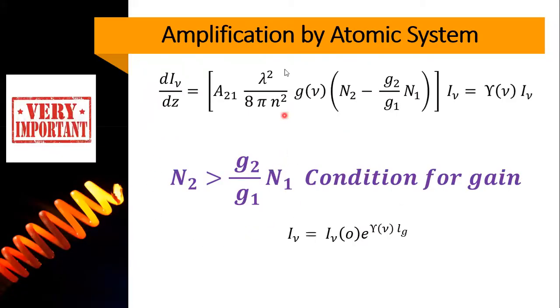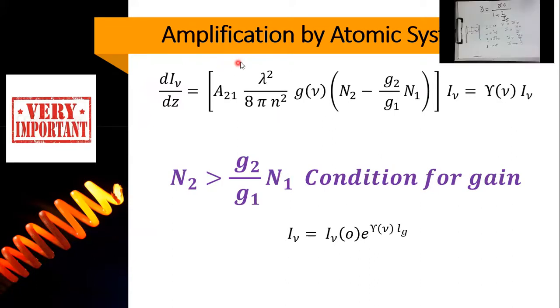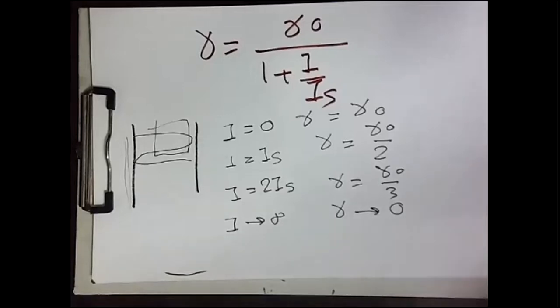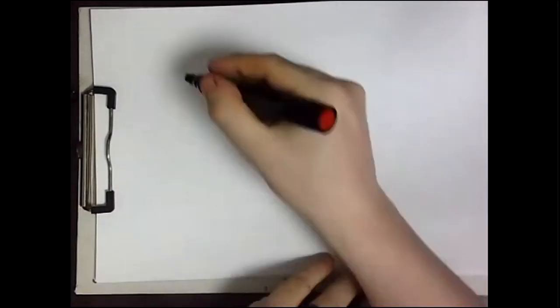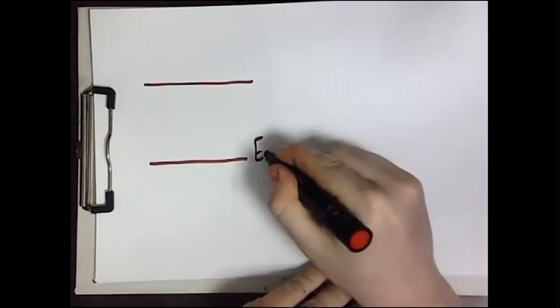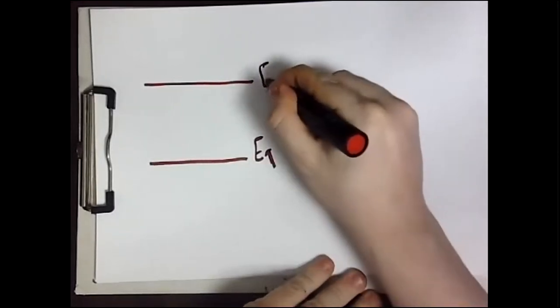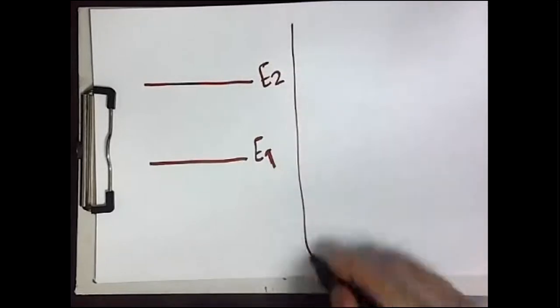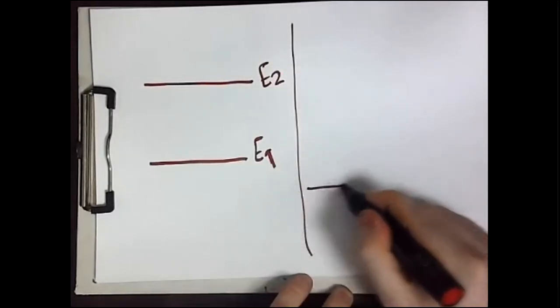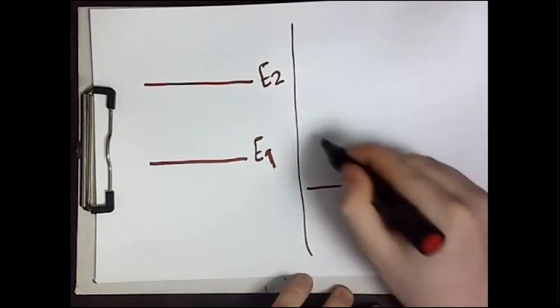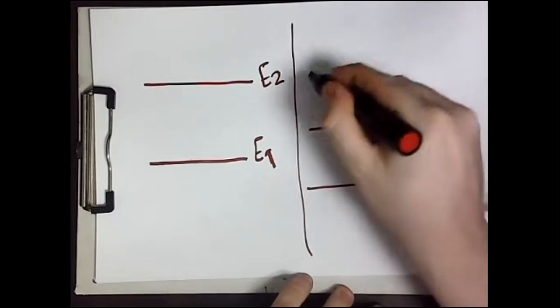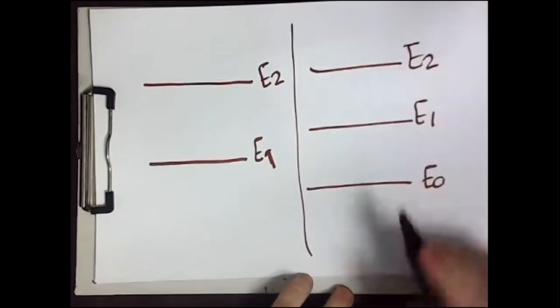This is very interesting. Let's start with the Einstein approach, or let's make it in a comparison manner. The Einstein approach was discussed on a 2 level system, E2 and E1. However, what we have implemented together is a 3 level system.